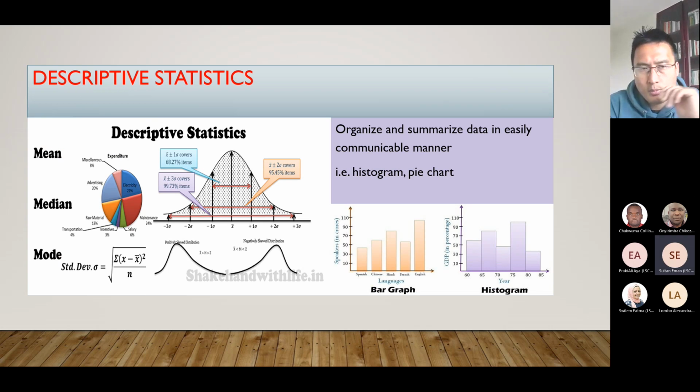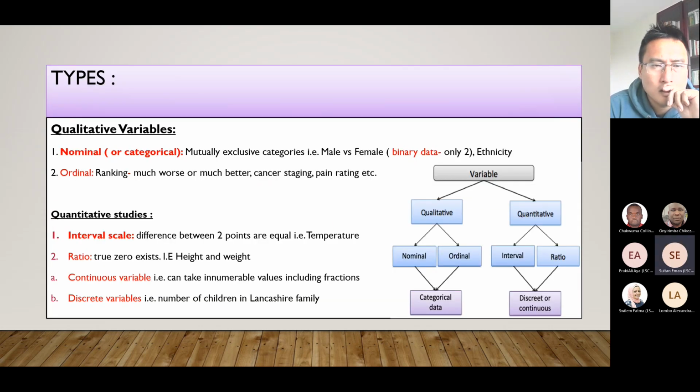Now we have finished the variables. How can the ratio be discrete? Which one? The ratio numbers like height and weight. I think all of them can be. As I said, ratio can be either continuous or discrete.